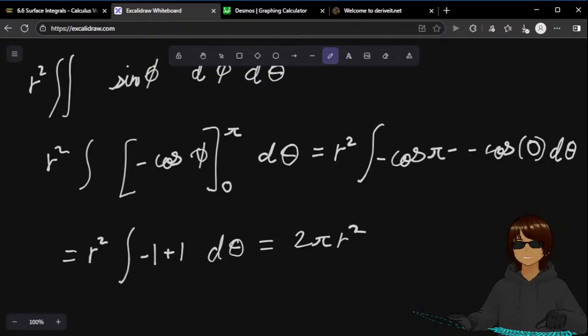Minus 1 plus 1 gives 0. This is an issue. Minus cos theta. So then this will become minus 1 minus 1, which will become minus 2.